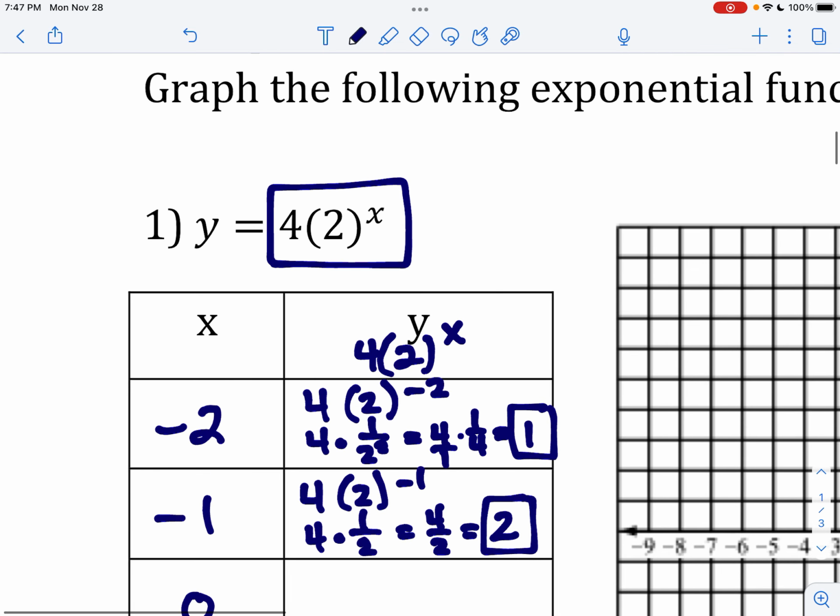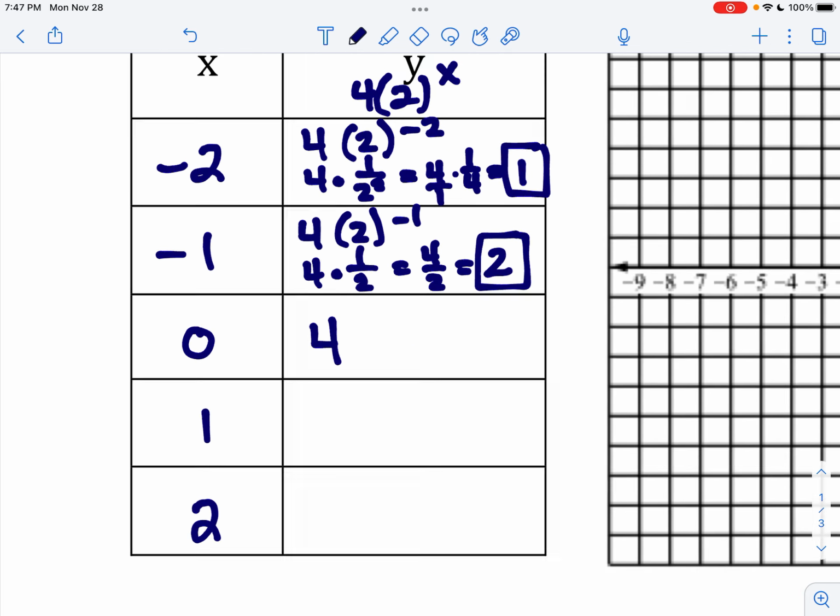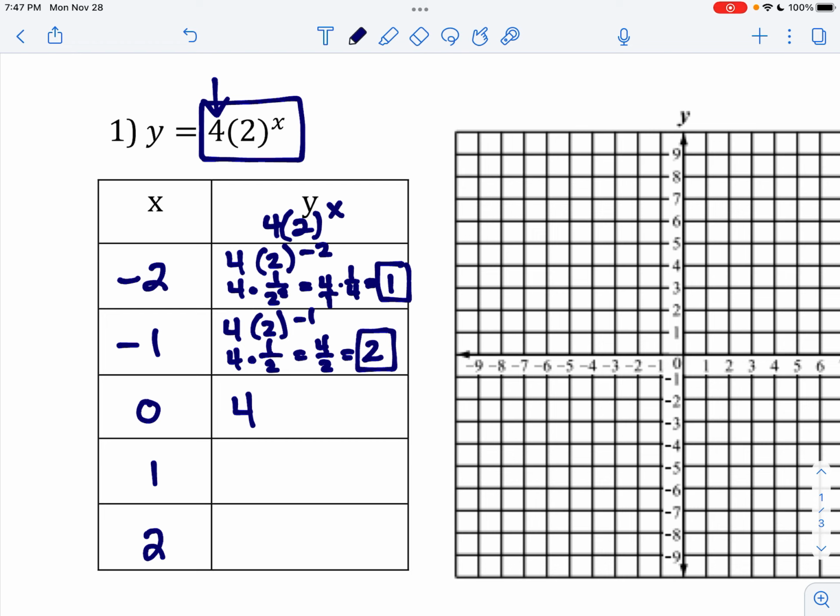So if I go up here, my y-intercept is 4. So I know that this is going to be 4. If I forget, I can do the math, and I have 4 times 2 to the 0 power. Well, I know 2 to the 0 power is 1, so 4 times 1 is 4.